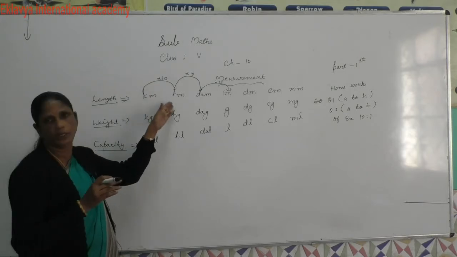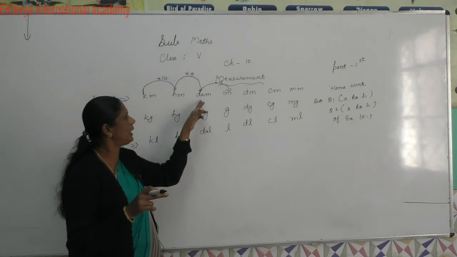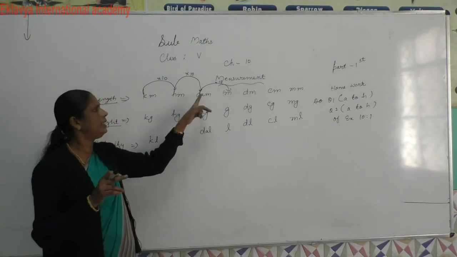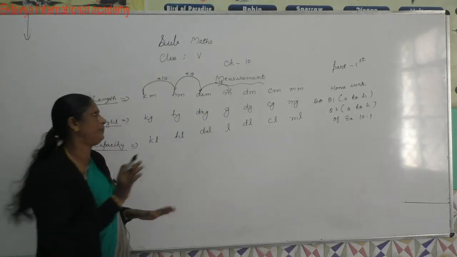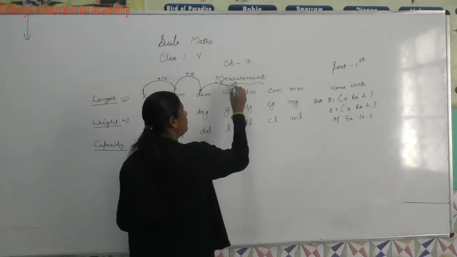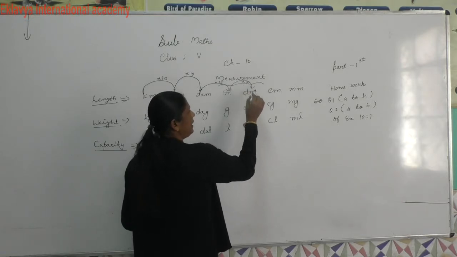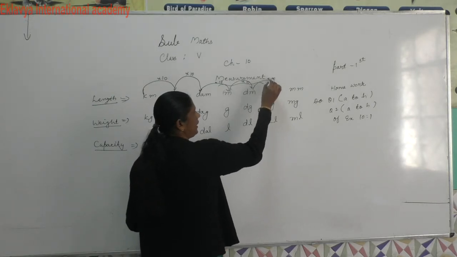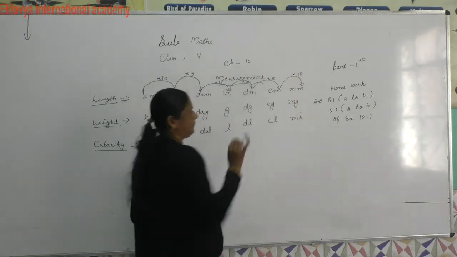Kilometer to hectometer, we multiply by 10. Hectometer to decameter, multiply by 10. Decameter to meter, multiply by 10. Meter to decimeter, multiply by 10. Decimeter to centimeter, multiply by 10. Then centimeter to millimeter also multiply by 10. One jump, one unit to another, is 10.